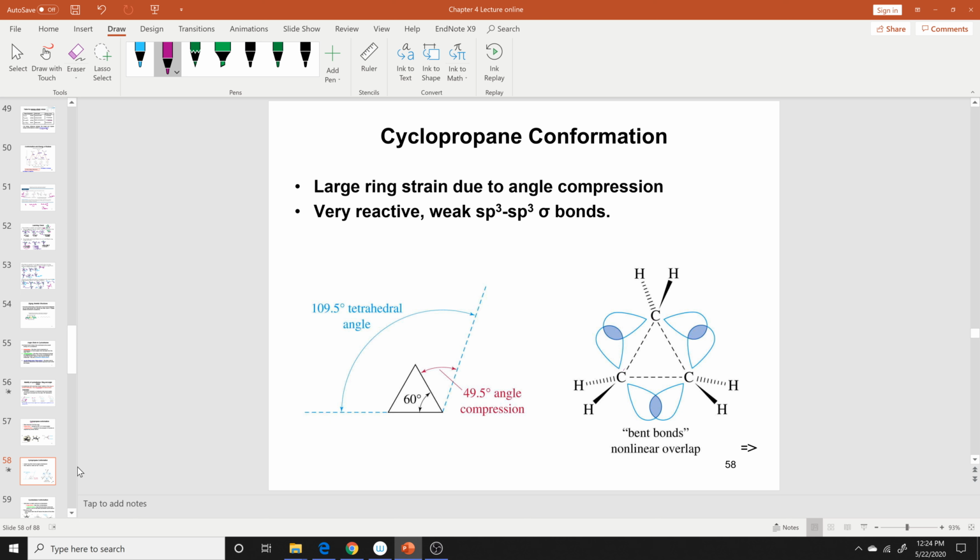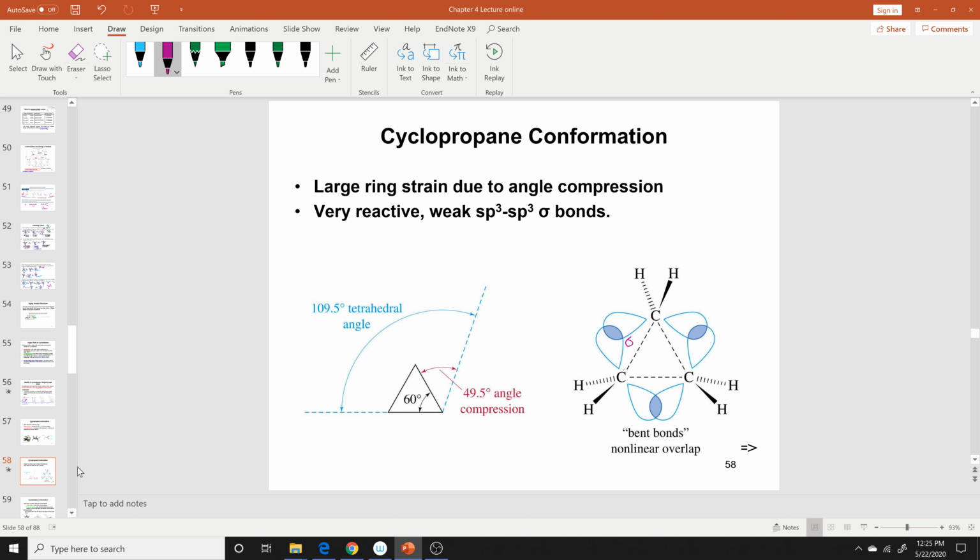So I have a hybrid sp3 orbital here, and a hybrid sp3 over there. They are overlapping with each other and making a sigma bond. But because the bond angle is not the ideal sp3 angle in this case, my sigma bonds are going to be bent bonds. They're going to be very weak bent bonds.